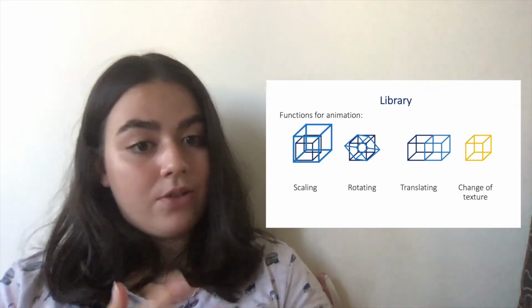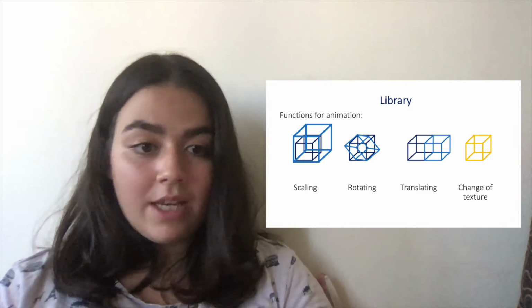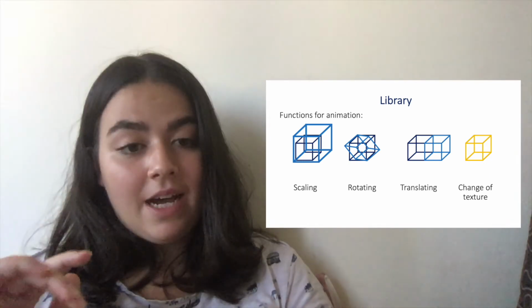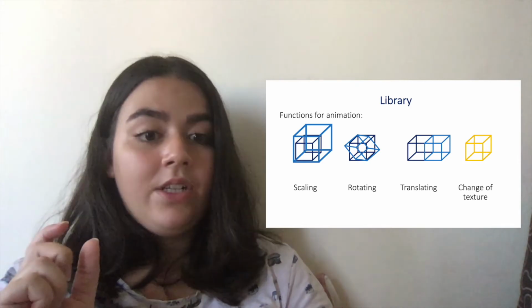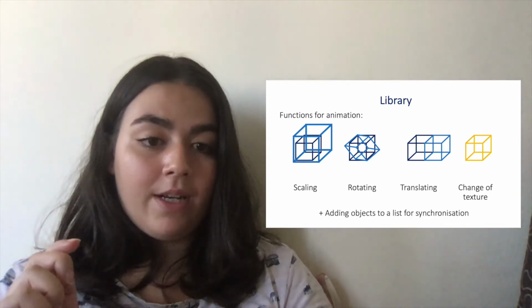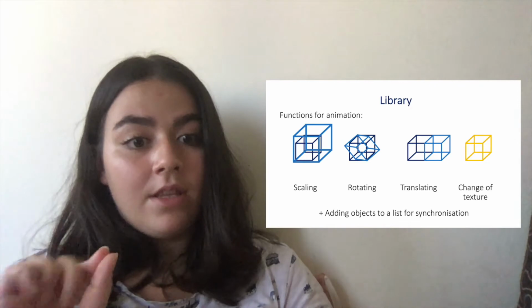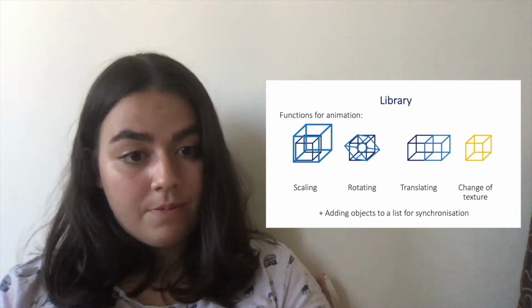I just created those functions, which do the action as normal. But apart from that, they also put the objects that are being changed into a list, so that when a synchronization happens, the master will send this list of the objects that have changed and their positions. And we can actually make the synchronization of the animation happen.